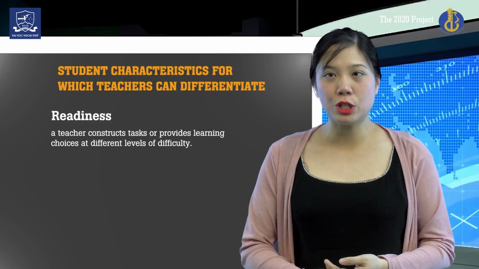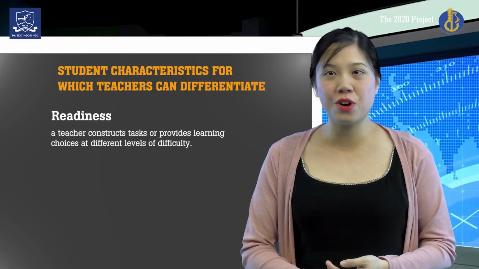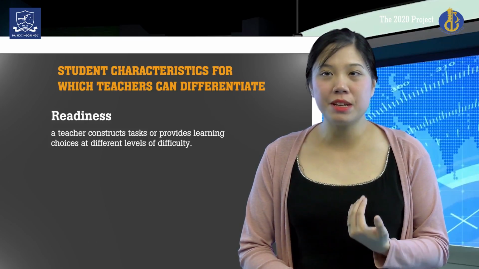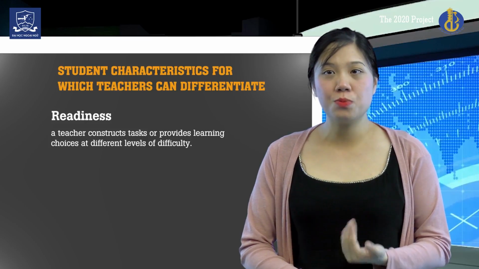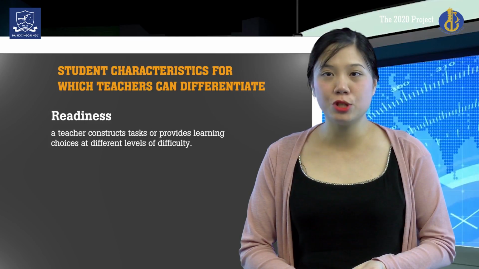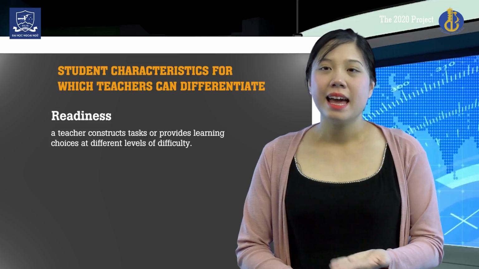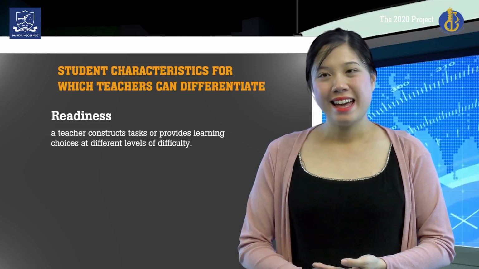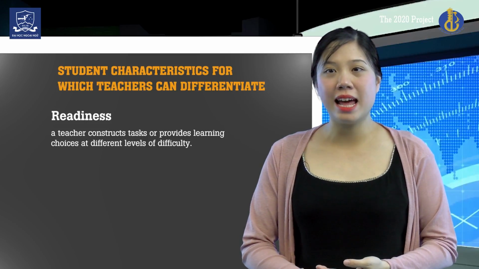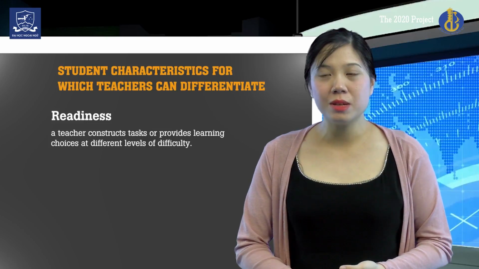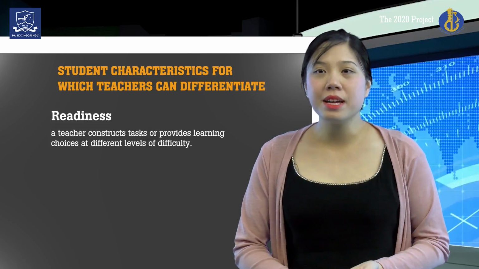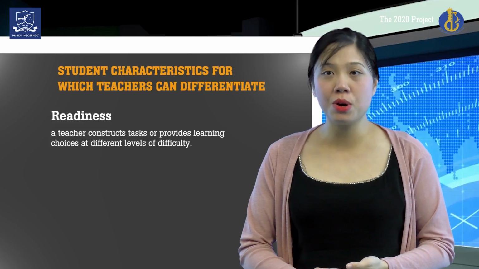Some ways in which teachers can adjust for readiness include adjusting the degree of difficulty of a task to provide an appropriate level of challenge, adding or removing teacher or peer coaching, making the task more or less familiar based on the proficiency of the learner's experience or skill with the task, and varying direct instruction by small group need.